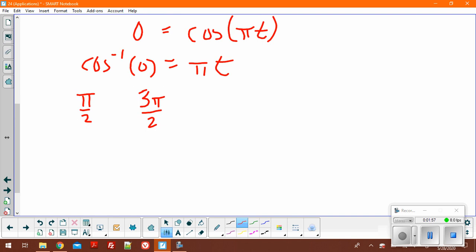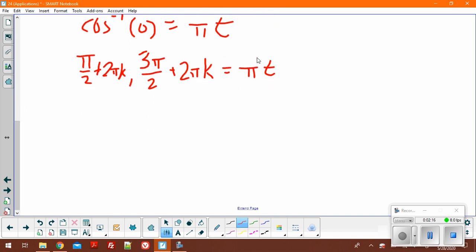As for times, I'm going to do this as a general solution. So plus 2 pi k is equal to pi t, right? Because a full rotation of the angle is also a solution to this. Finally I divide everything by pi, and I get 1/2 plus 2k and 3 over 2 plus 2k as my possible values for t.